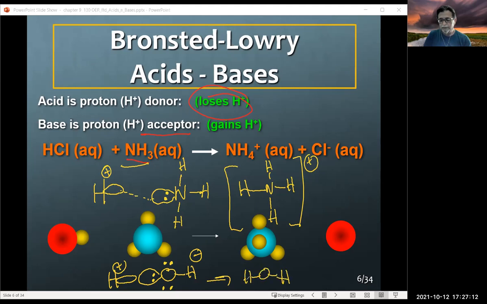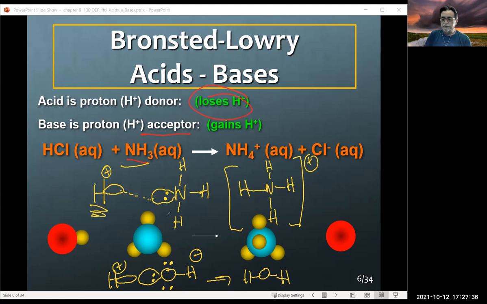H2O. The difference is this: with the Arrhenius reaction, the base reacts with the acid to form water, and with Bronsted-Lowry, the base interacts with the proton to form a salt. Okay, and literally neutralizes the proton.